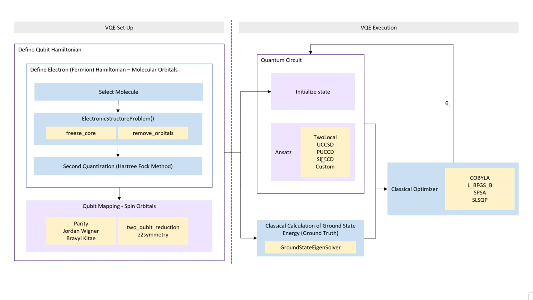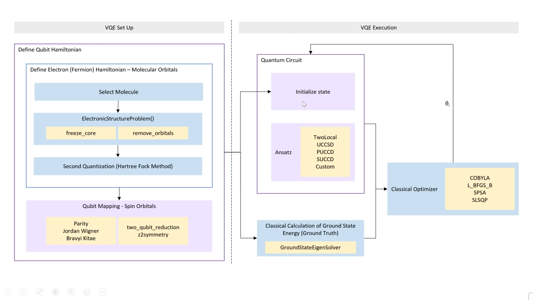Then it tries again and moves in the direction where it's getting closer to the ground state truth. There are different kinds of optimizers you can use, like stochastic gradient descent in classical machine learning, but there's a lot of tools out there. So that's the overall problem setup, but let's dive into more details.